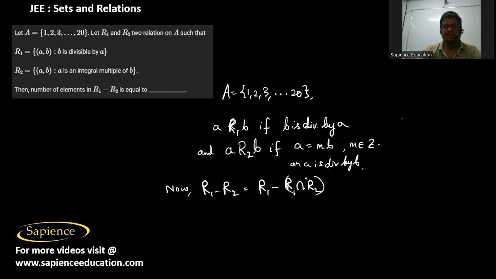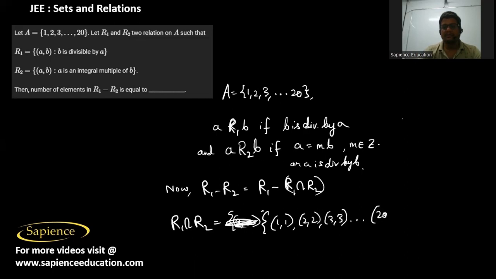It means R1 intersection R2, those elements where A comma A, since A is divisible by A. So R1 intersection R2 is those elements which are 1 comma 1, 2 comma 2, 3 comma 3, etc. till 20 comma 20.